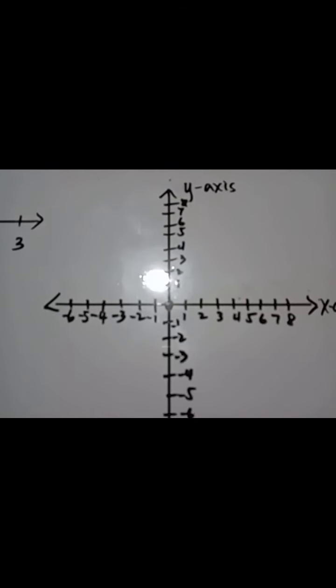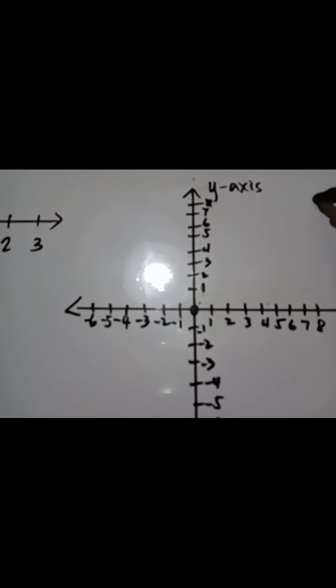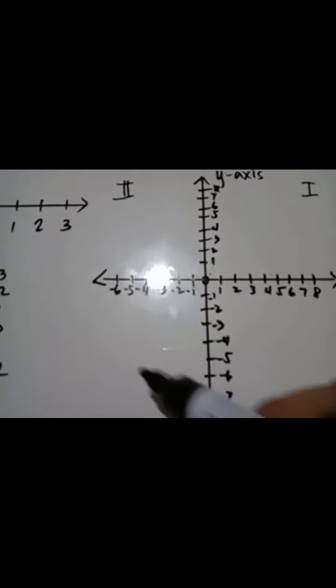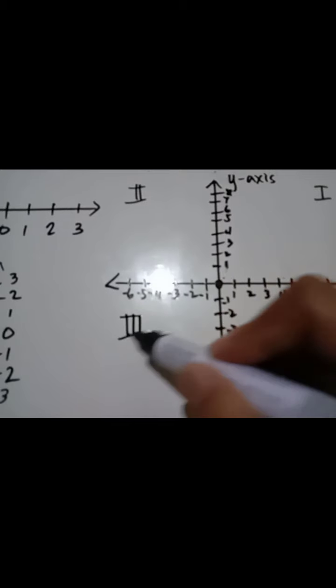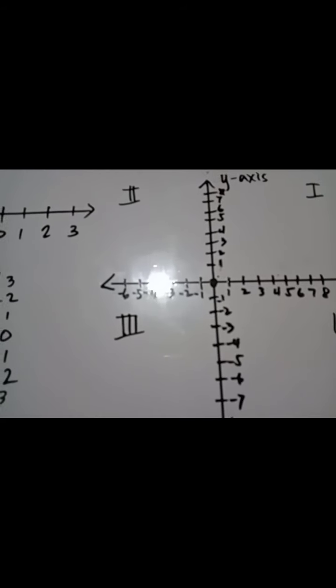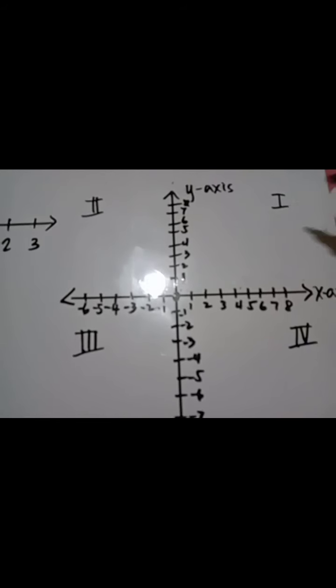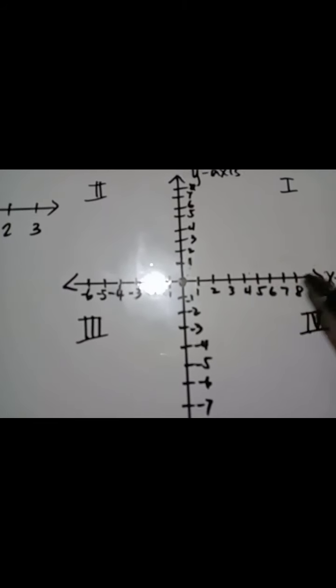Our Cartesian coordinate plane is divided into 4 quadrants. This is the first quadrant, and then this is the second quadrant, followed by the third, and lastly the fourth quadrant. With regards to the first quadrant, the x-axis values are numbered positively.